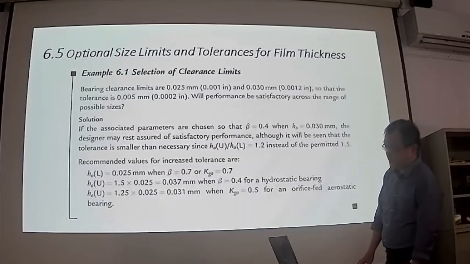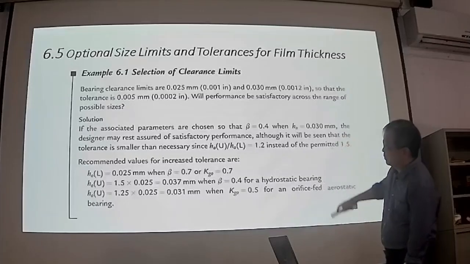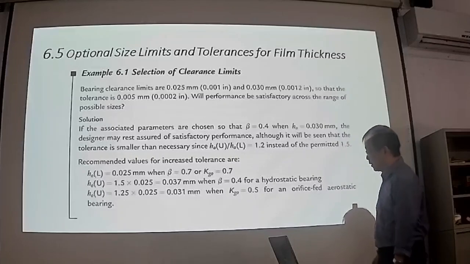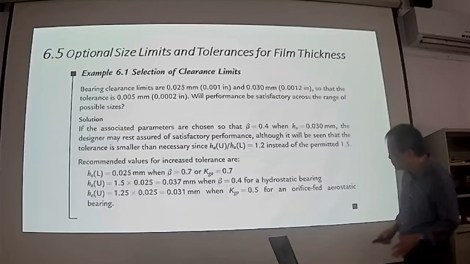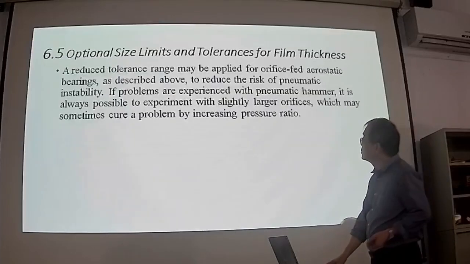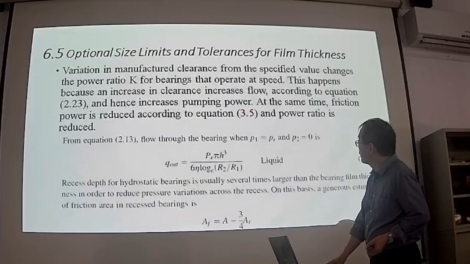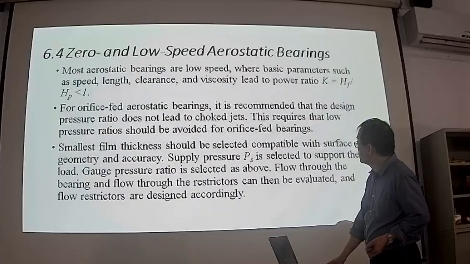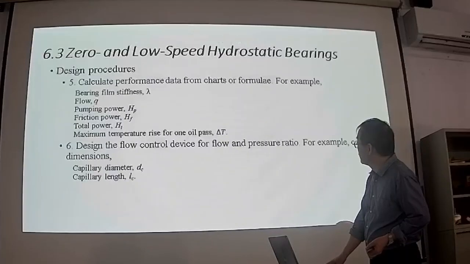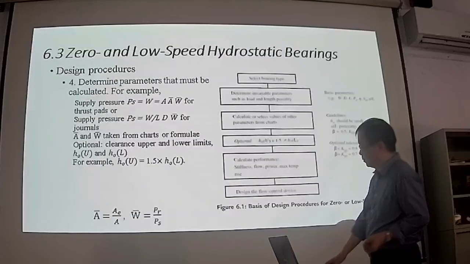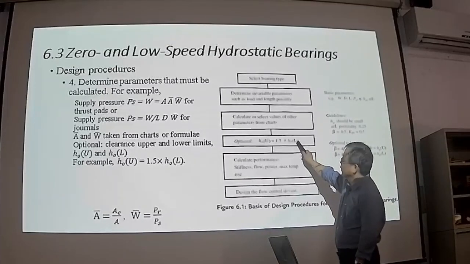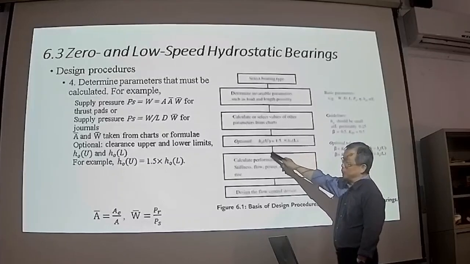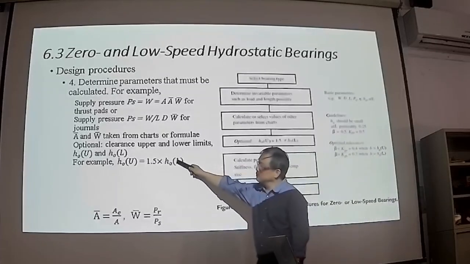So the tolerance for the film thickness, usually we give you the upper bound or lower bound, similar to the low speed bearing here. Okay. So the upper bound equals the lower bound multiplied by 1.5.